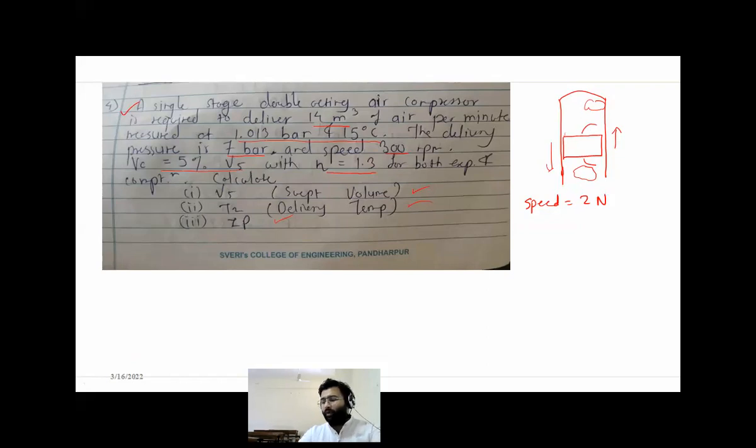Again, nothing new or no twist is there in this example. It is a plain example. You have to use the formulas and calculate the required entities.